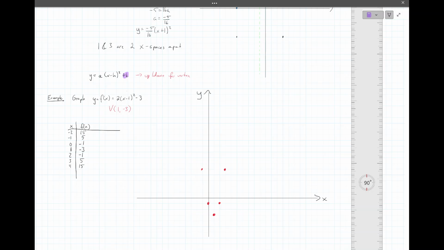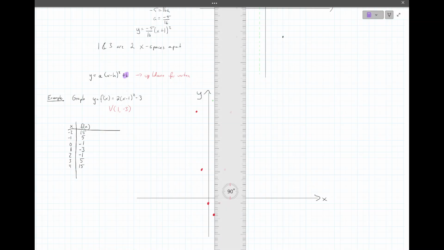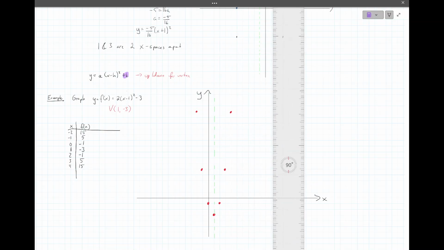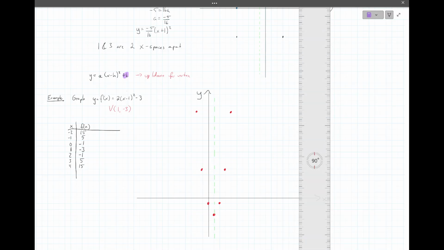And then (-1, 5). (-2, 15). So let's add 8, 10, 12, 14, 15 right there. And then by symmetry right there as well too. And we can identify the axis of symmetry right here. And then any two y points are separated by the same distance on the axis of symmetry.